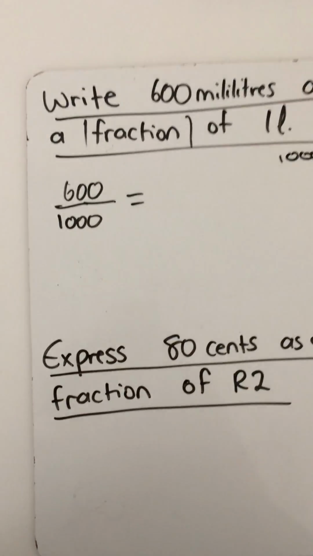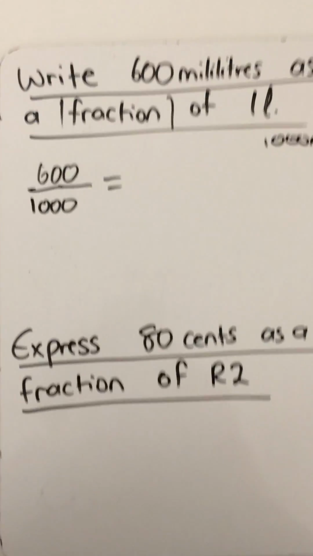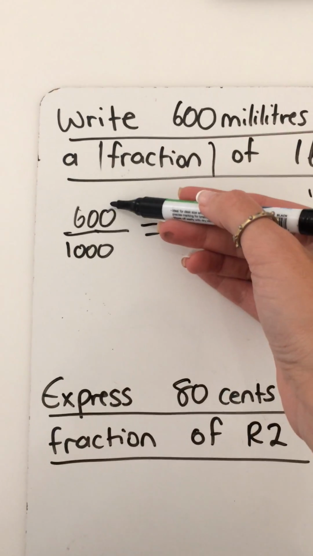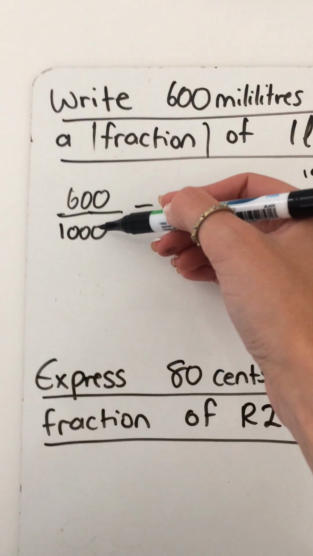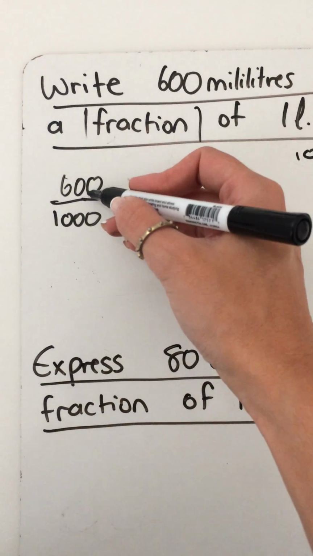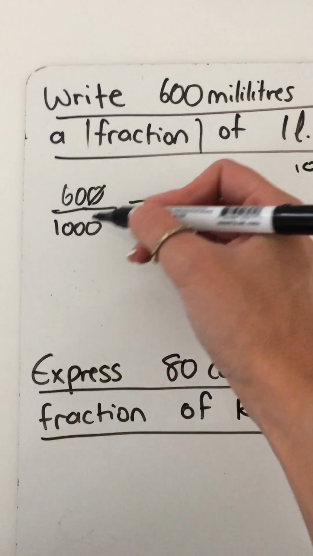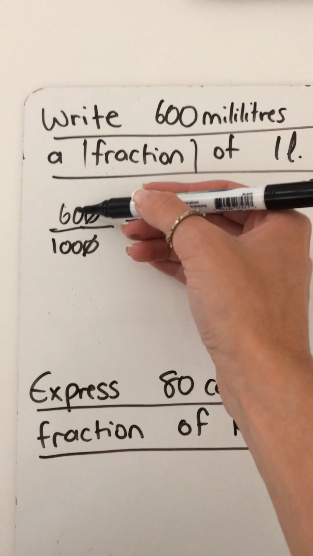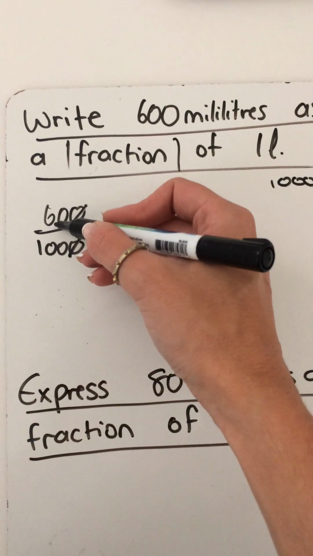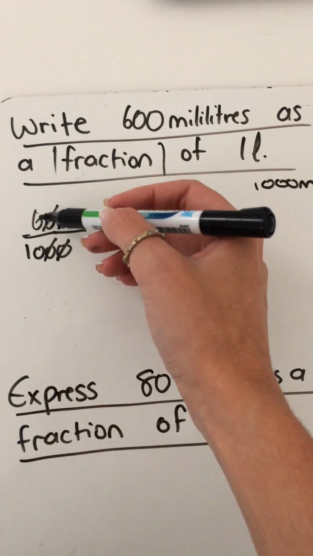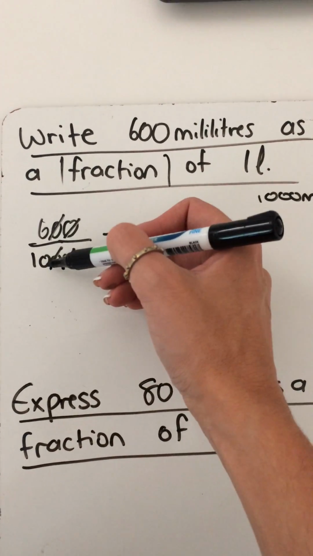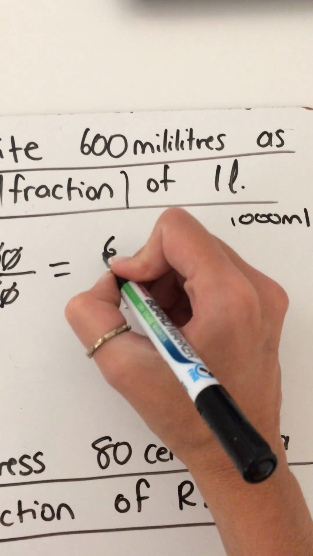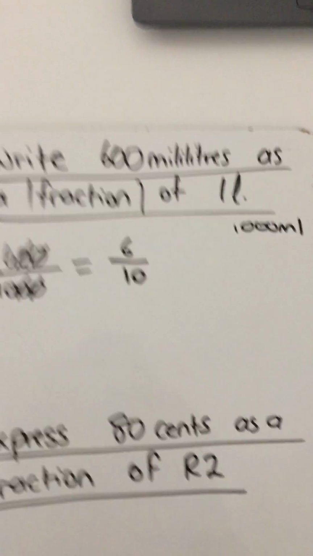Now, Spark Scholars, you cannot leave your answer like this. We have to simplify. A tip on how to simplify is if there is a 0 at the top and a 0 at the bottom, you can cross them out. So here's my 0 at the top, here's a 0 at the bottom, so I can cross them out. I have another 0 at the top, and I also have another 0 at the bottom, so I can cross them out. I don't have any more zeros at the top, so I can't cross any out. I'm left with 6/10.